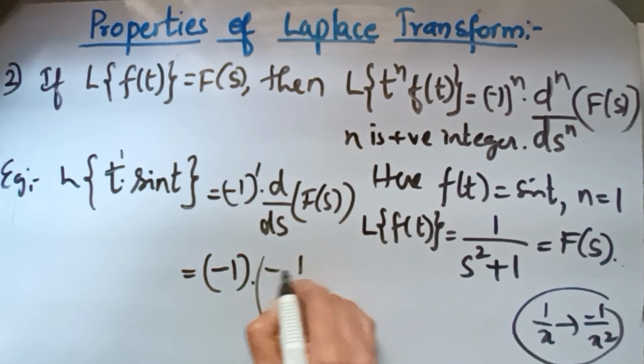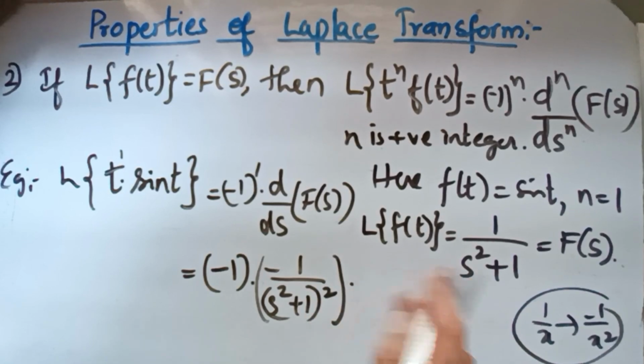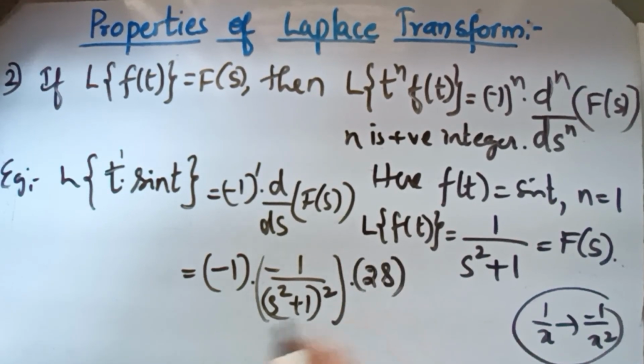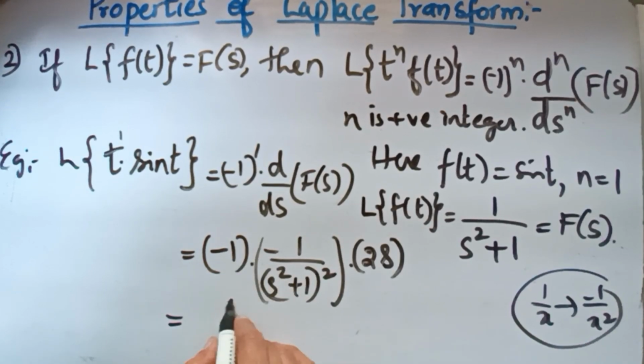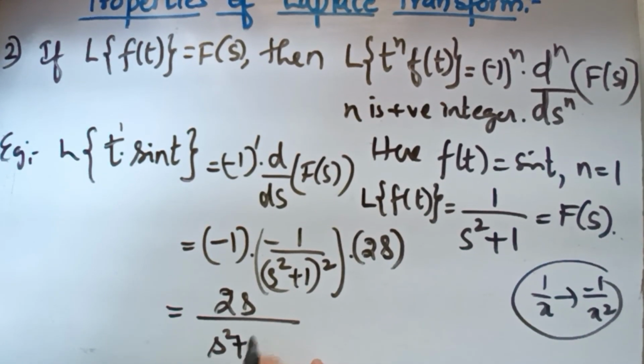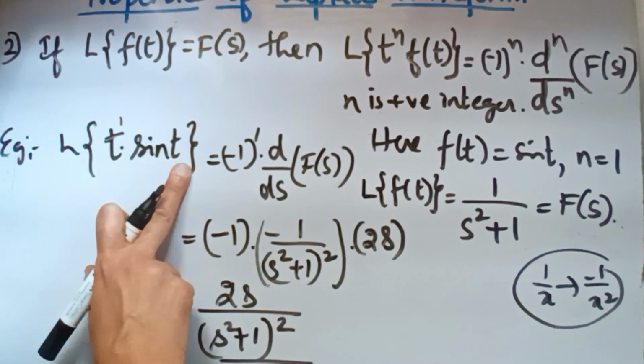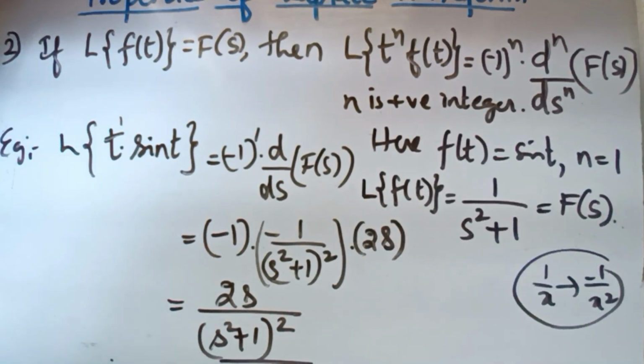So it is minus 1 by s square plus 1 whole square, then into the derivative of s square plus 1, that is 2s. Therefore, finally we will get 2s divided by s square plus 1 whole square. This is the value of the Laplace transform of t into sin t using this property.